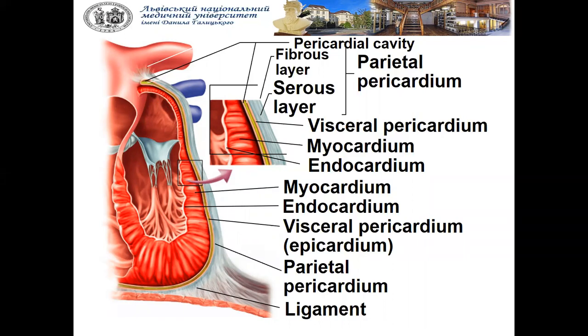The wall of the atrium consists of two layers of muscle, and the ventricles have three layers of muscle because they need more power to push the blood into the big vessels. The internal wall is covered by the endocardium, and the endocardium forms the valves, the four valves of the heart, including the mitral valve and the tricuspid valve.